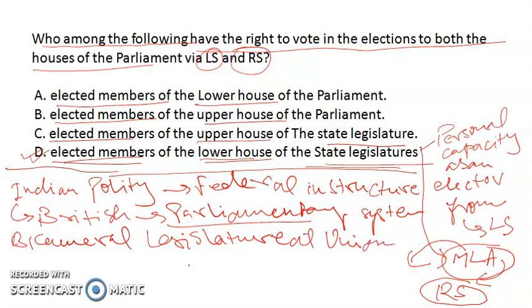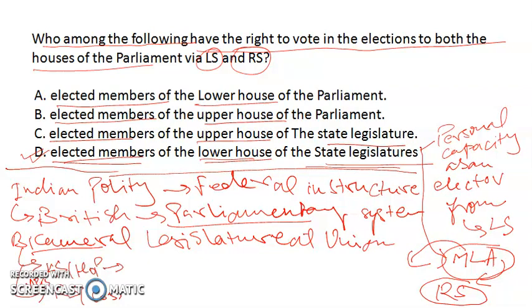The union legislature has two houses, one Lok Sabha, one Rajya Sabha, one house of the people and one council of states. The representatives in both the houses are called MPs.